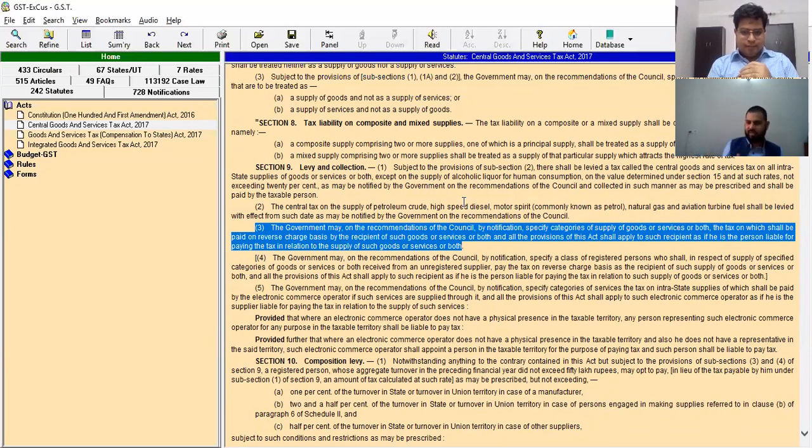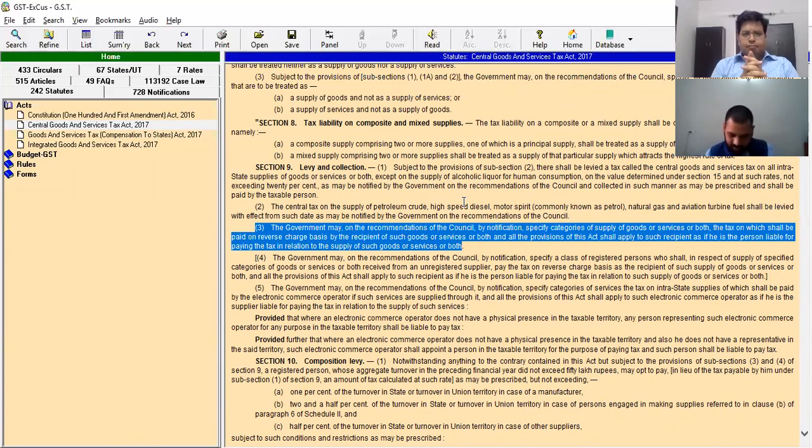We'll stop here for a moment and break it down so that we can understand. It says that as an exception to the general rule, the government may, by a notification, specify certain categories of goods or services or both, the tax on which shall be paid by the recipient. Now, what is the reverse charge basis in simple terms?